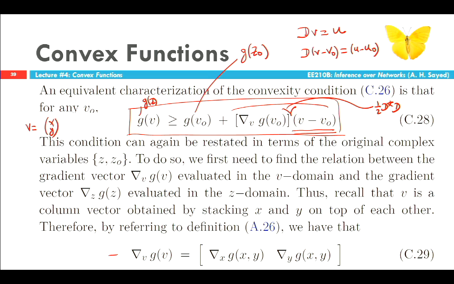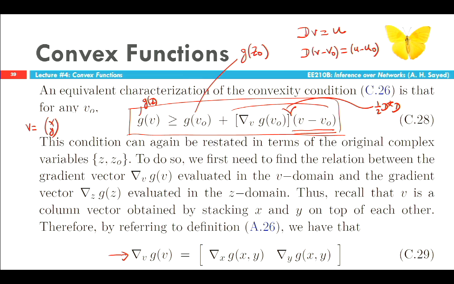So V is a column. When I compute the gradient relative to V, I'm going to get a row, right? And remember, how did we define the gradient vector relative to a vector? It is the vector of partial derivatives. It will contain the partial derivatives relative to the x's, the partial derivatives relative to the y's. So the gradient relative to V contains the gradient relative to x, the gradient relative to y.